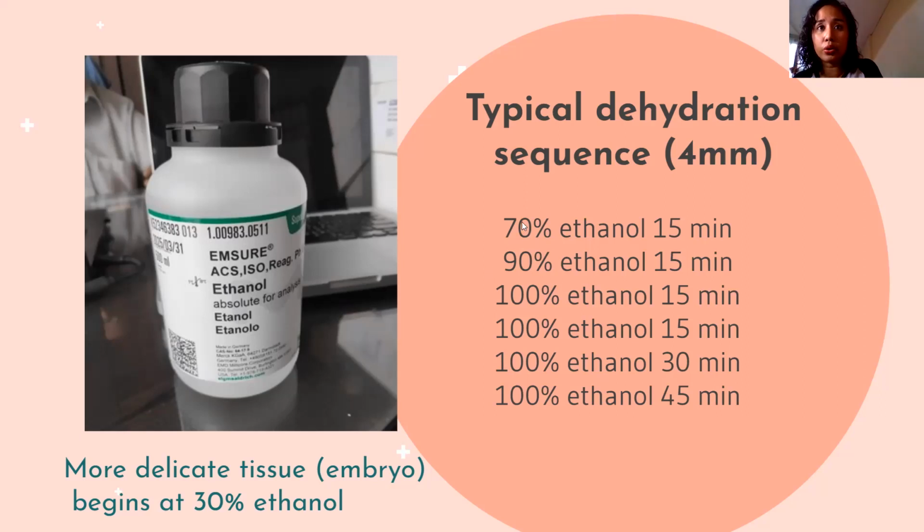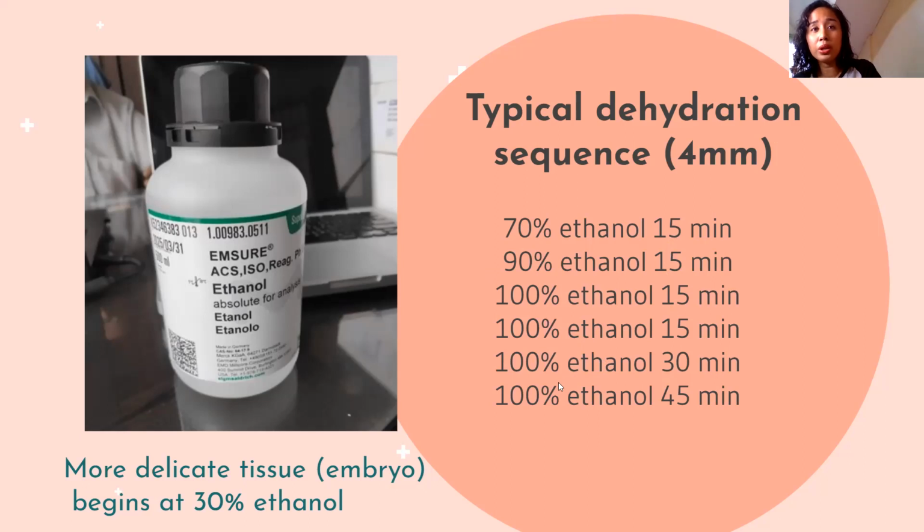According to Gregorius, 15 minutes in 70% alcohol, 15 minutes in 90% alcohol, 15 in 100%, 15 in 100%, 4 changes of 100% alcohol. Ma'am, why ganito? Parang sayang naman, hindi na lang isa. Because we are trying to remove the fixative and the water.